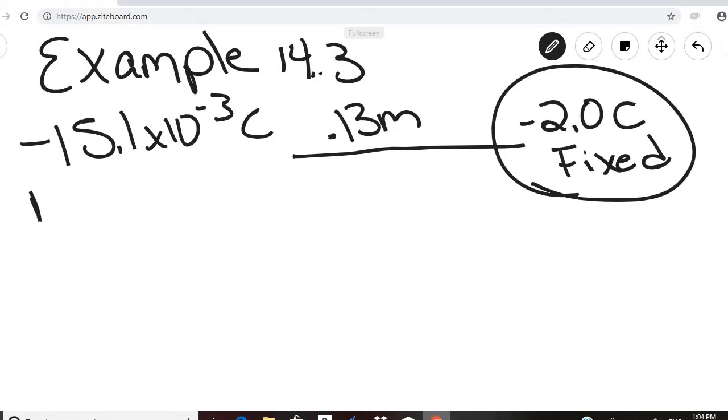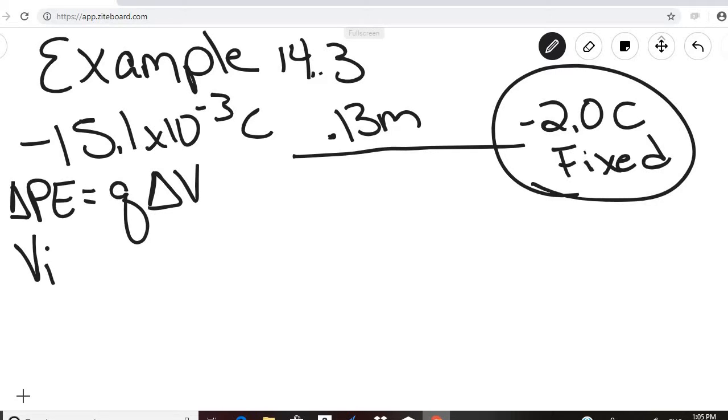Okay, so we first have to calculate what is the potential energy. And we know that the change in potential energy is equal to Q delta V. So let's first calculate delta V. So VI and VF.